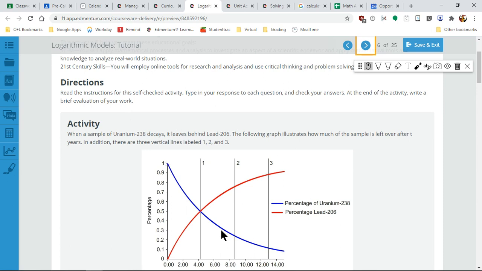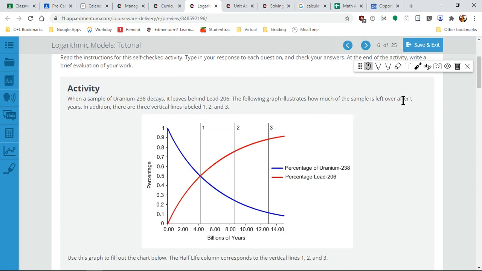So as this is decaying, there's more lead coming in. If you think about it, lead is the inverse. Since uranium decays exponentially, this would be logarithmic growth. So if we're thinking about that and we want to label this, we're going to label.